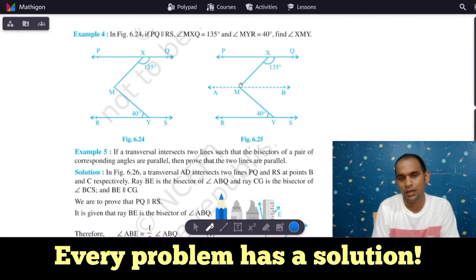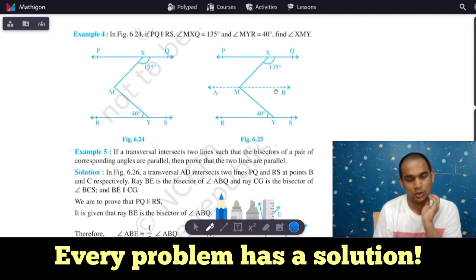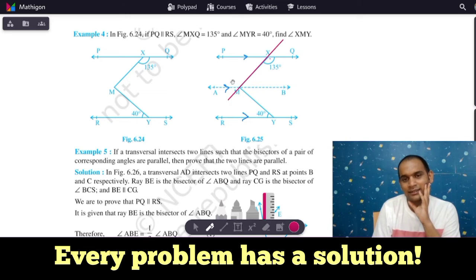So what did I do? At this point M, I draw a straight line AMB, which is parallel to PQ and RS. Once they are parallel, observe it very carefully. How do we proceed to answer this question? When PQ is parallel to AB, this line, if you extend it a little bit, acts as a transversal.